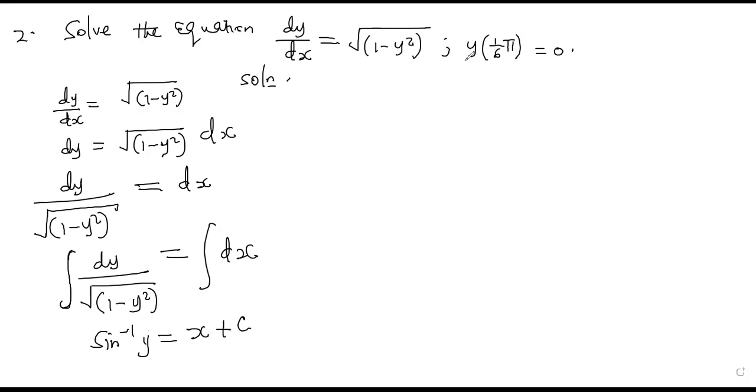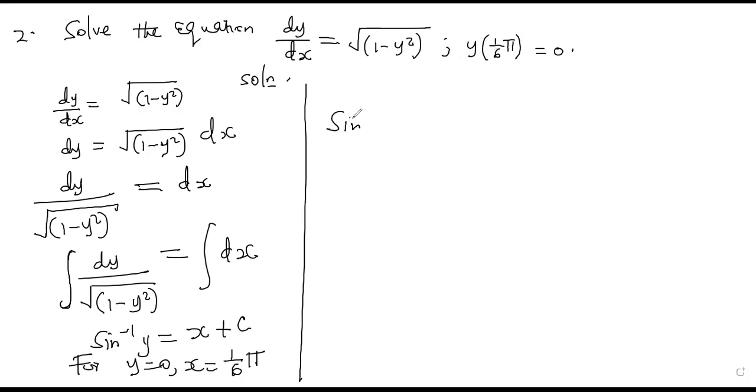Now, remember they say that y of 1/6 pi is 0. So y is 0 when x is 1/6 pi. We are going to substitute y is 0 when x is 1/6 pi. It would mean that sine inverse of 0 is equal to pi over 6 plus a constant c.